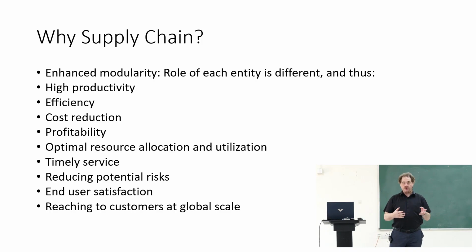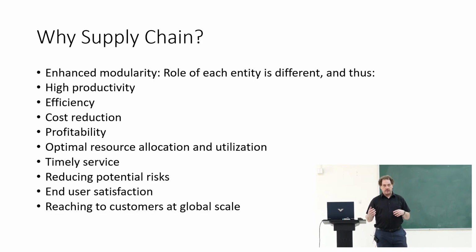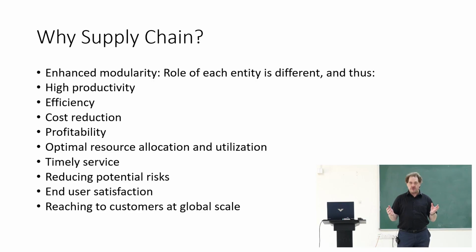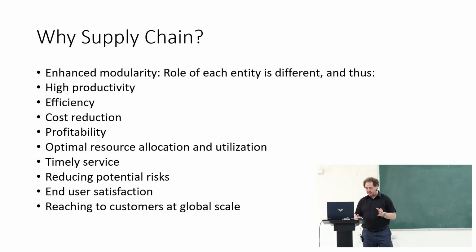Like farmers growing cattle and getting milk from the cows would not be the same entity which is producing dairy products, which would not be the same entity as the shop, right? Like in the early days of civilization, maybe the same person could do all those jobs. But today we have a very strict separation of responsibilities. So the role of each entity is different.